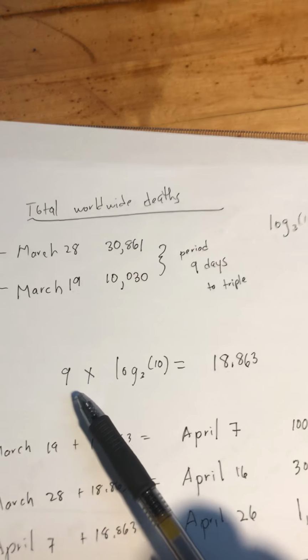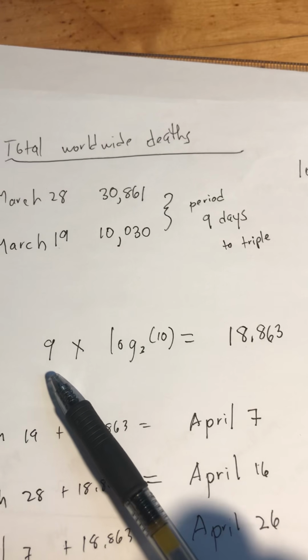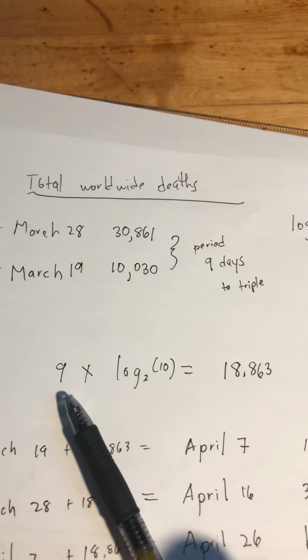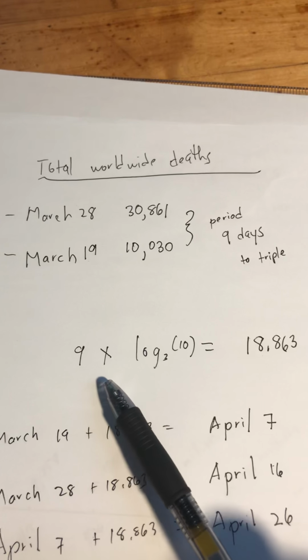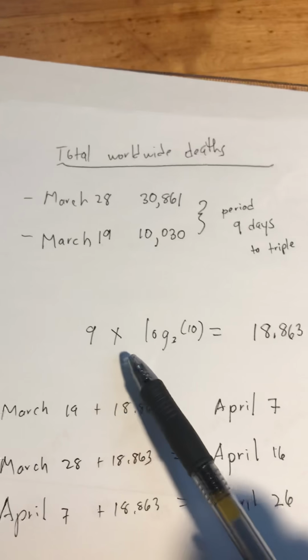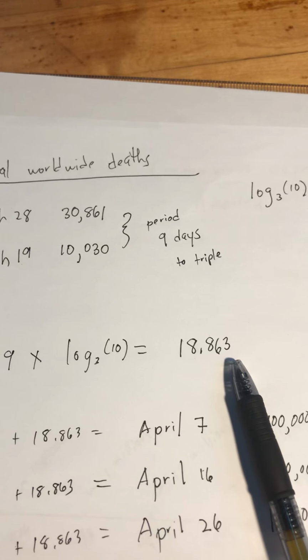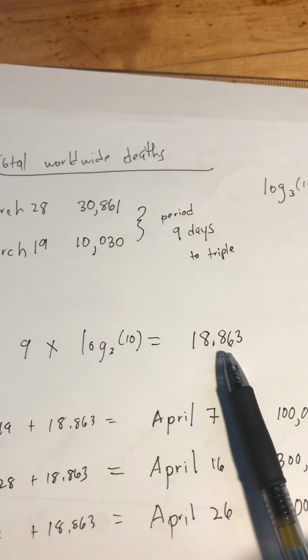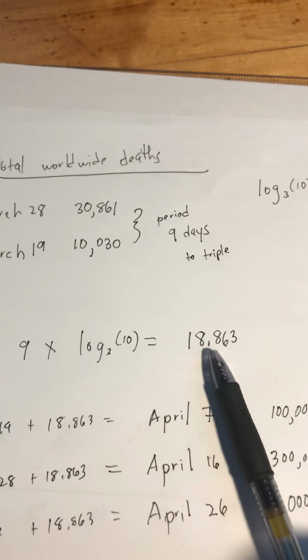So here I go, 9 times, this is the period between tripling, and that's this number, right? And it equals 18.863. So that gives you the amount of days before we see a tenfold increase.